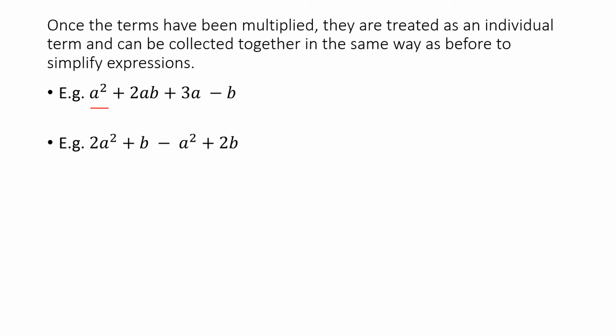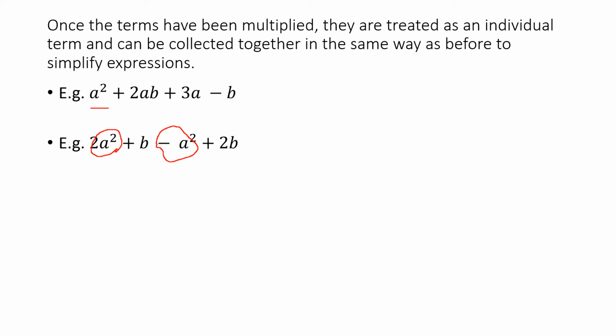In this expression, however, we do have some that are the same. For example, we have 2a squared here, and we also have minus a squared here. So altogether we have 2 minus 1, which is 1a squared.